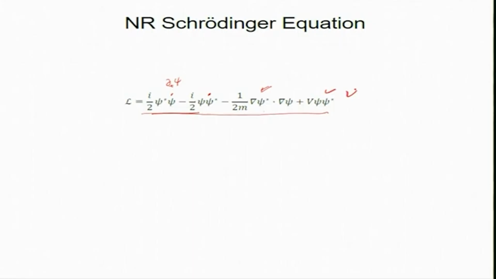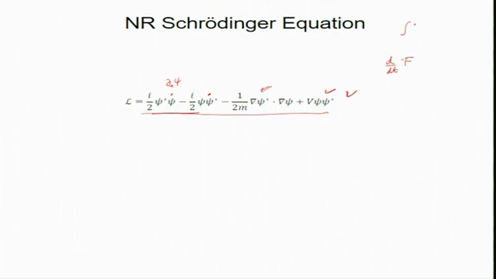I can always add and subtract d by dt of some function f, right. You know that for particle dynamics you can always add a total time derivative of a function, because my action does not change since I have df by dt, and f at the end points will give 0. Okay. So, you can always add and subtract.